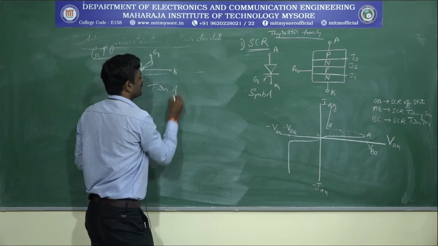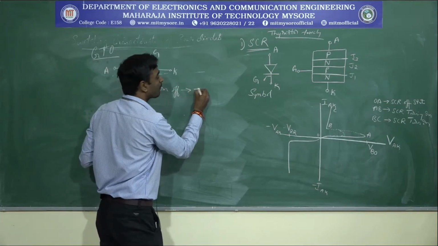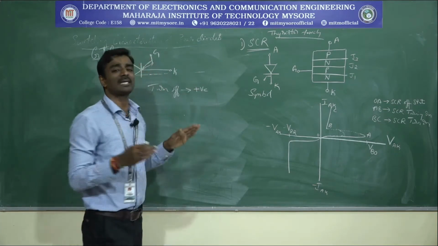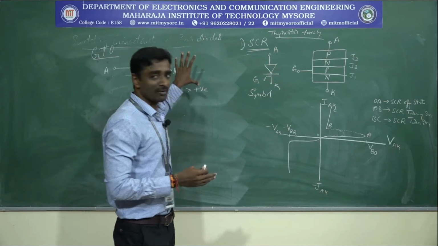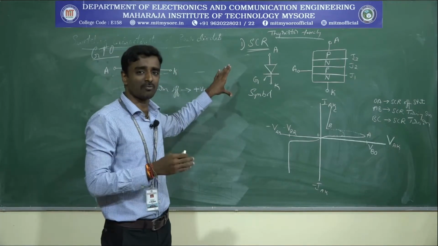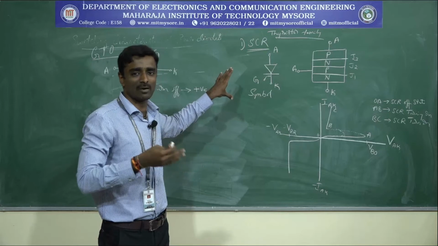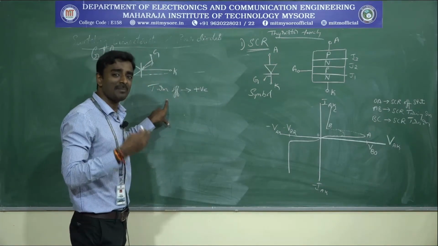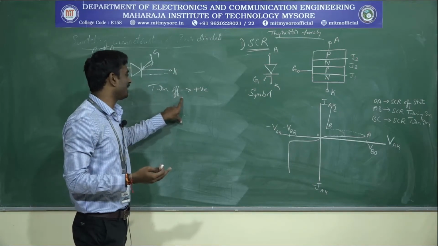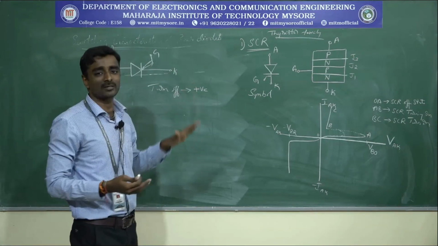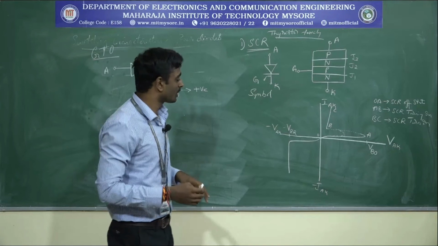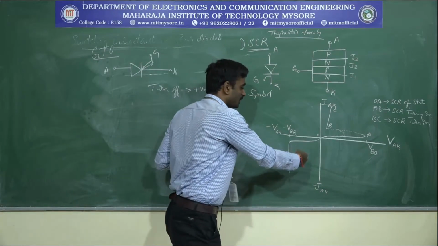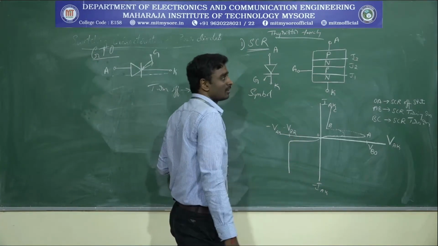Your GTO can be turned off by applying a positive gate drive at the gate terminal. Your SCR is not turned off even when you remove the gate drive, but the GTO can be turned off by applying a positive gate drive. In the reverse condition, it is similar to the SCR.